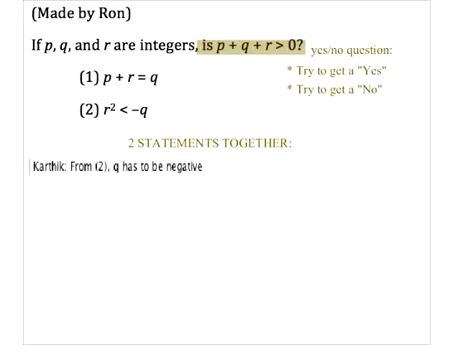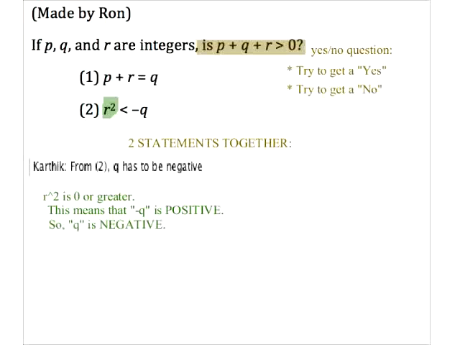When you see a square in there, one of the things that you should think about squares is that they are non-negative. So r squared is 0 or greater. And negative q is even bigger than that. So what this means is that negative q is positive, which in turn means that q is negative.